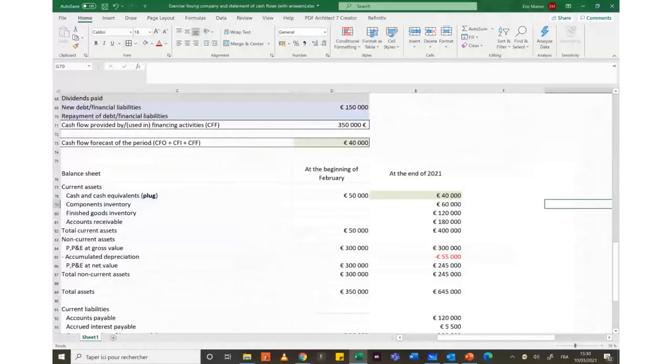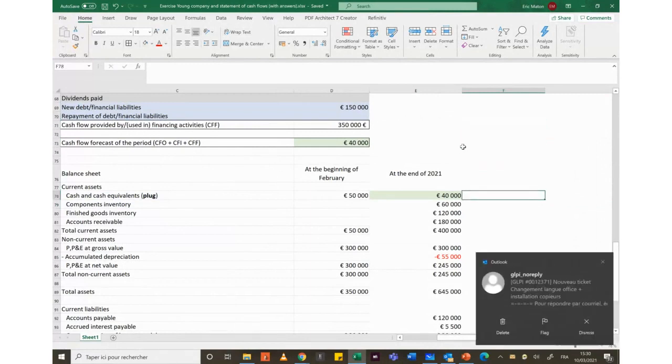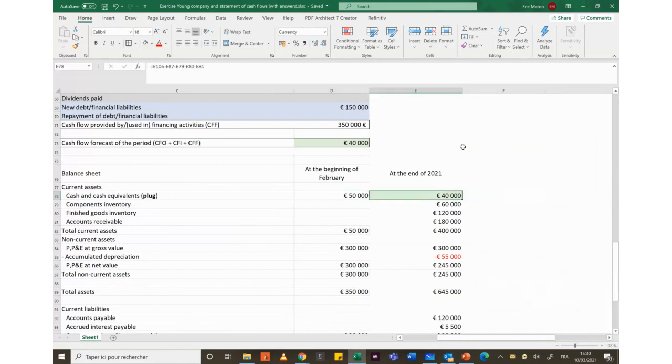So two methods to calculate the same thing. And here the change is only minus 10,000 because in the change I have here, I have only the operating activity. So the change here is coming from operating activity, because all the investing activity and financing activity is already here at the beginning of February.